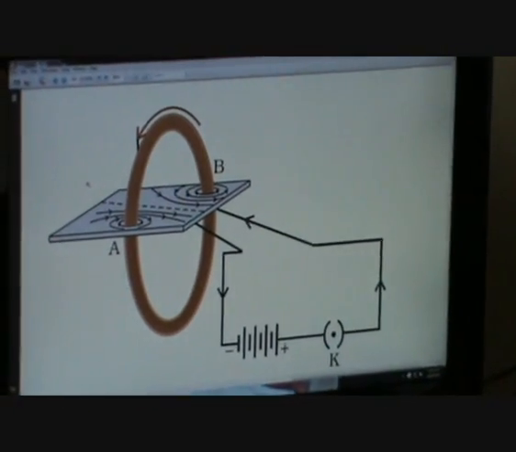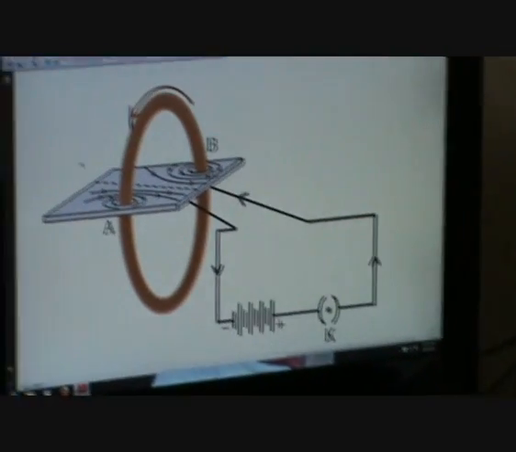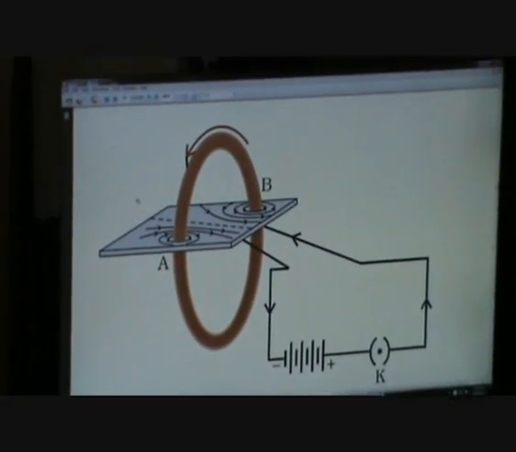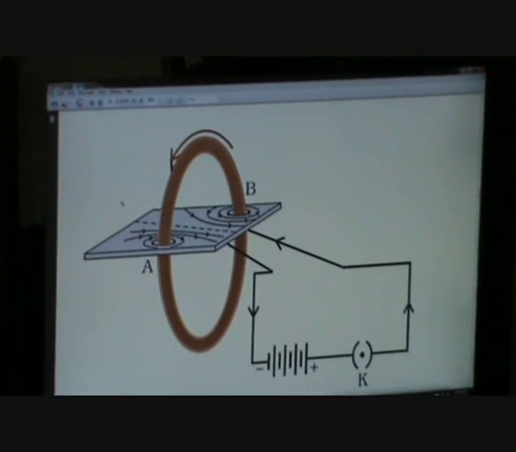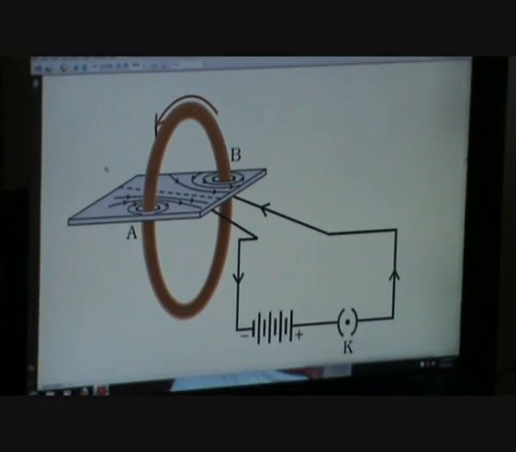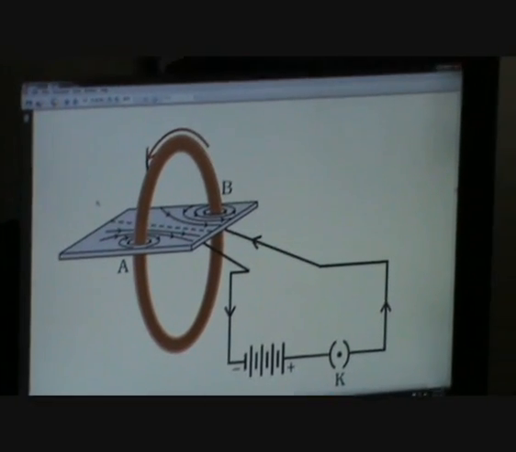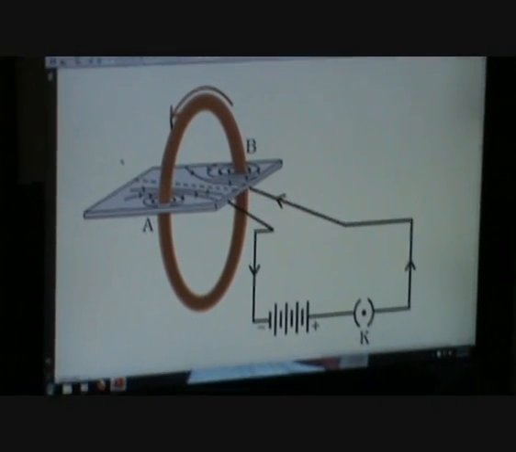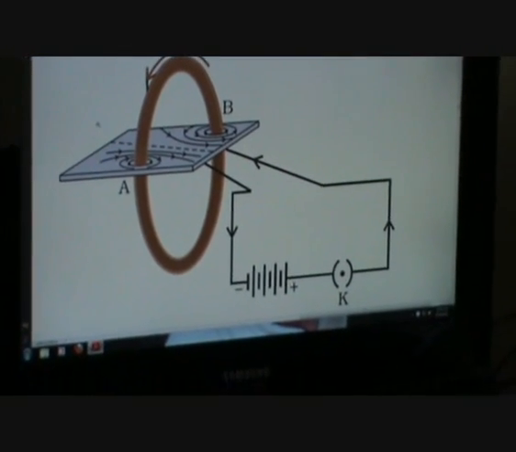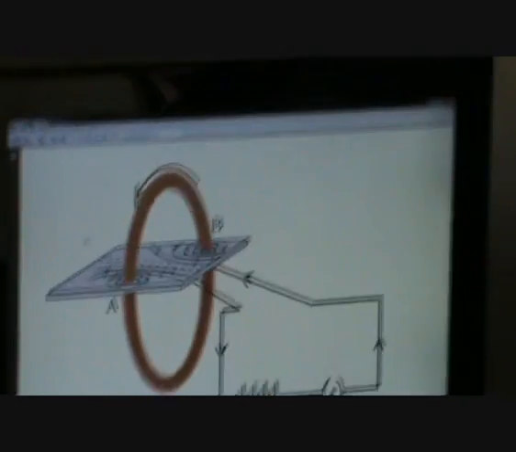That's why we witnessed that the compass needle is hardly changing its position. So this is the way you can visualize the field lines with reference to a circular current carrying coil.